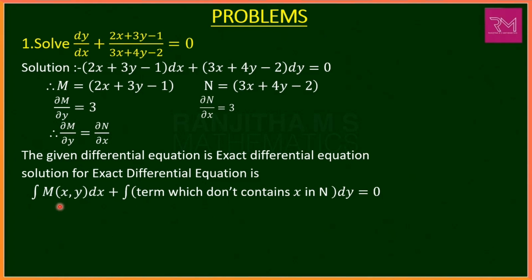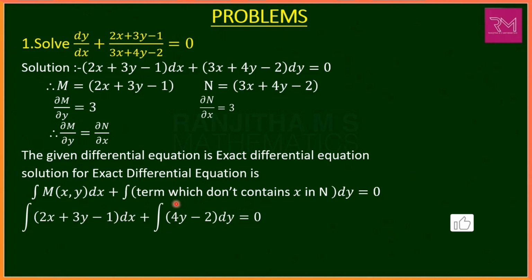Substituting these values here, we get integral of m of x comma y, that is, m value is 2x plus 3y minus 1 into dx plus integral of terms which do not contain x in n. That means we have to consider the n value which does not contain x. Here we have x term, so we have to neglect this.